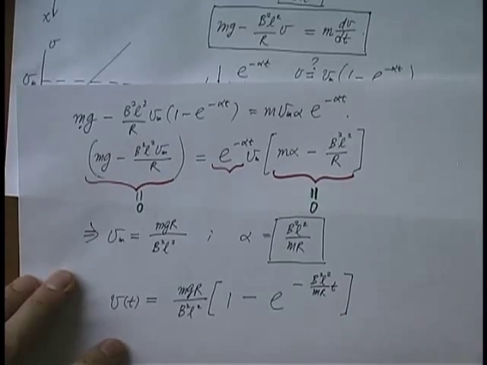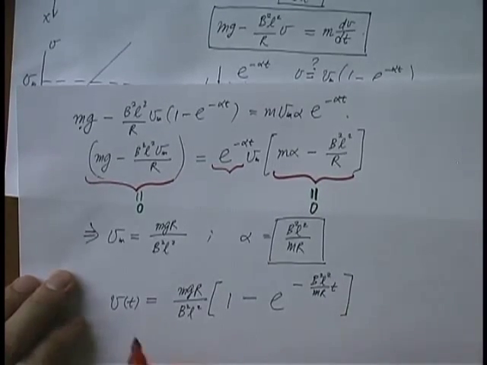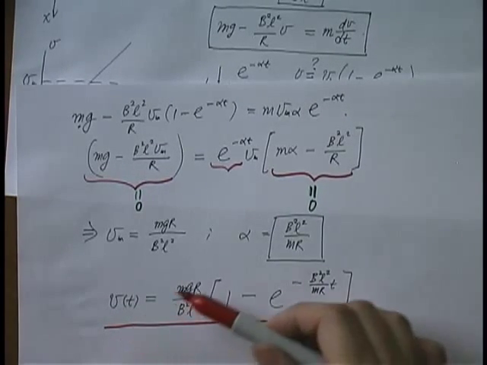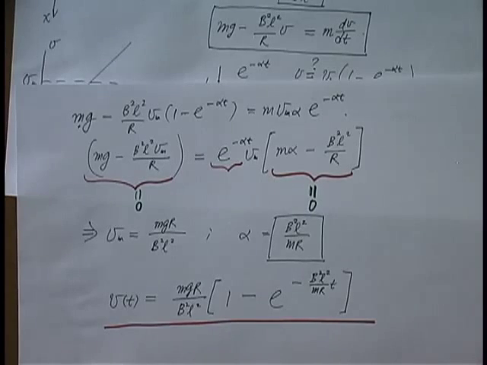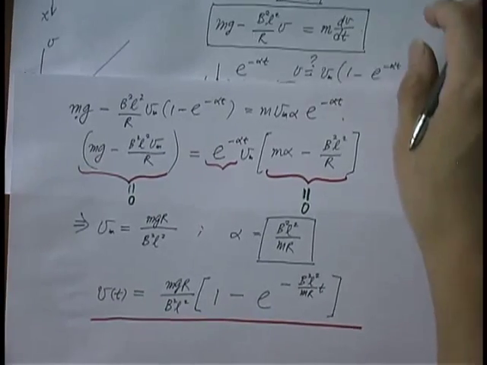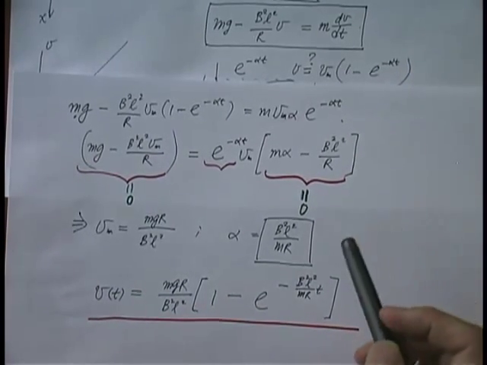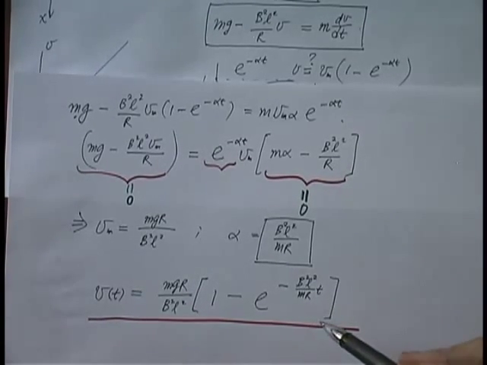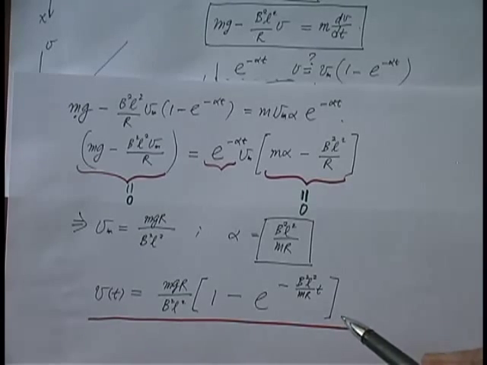This is the complete solution to this problem. Quantitatively, V goes up like that, and it flattens out. Now, before we go on to the next problem, let's take some further look at the solution to see if it makes sense.